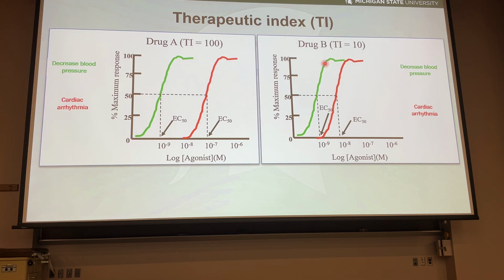And where this really becomes a problem is, you can see if you draw a straight line between this 80 to 100% region of the therapeutic response on down, at this same concentration, you're going to hit 10 to 20% toxicity in this system, right? So therapeutic index is the difference in concentration between a therapeutic response and a toxic response, and you want that to be as broad as possible.